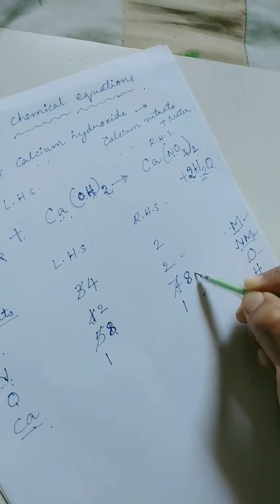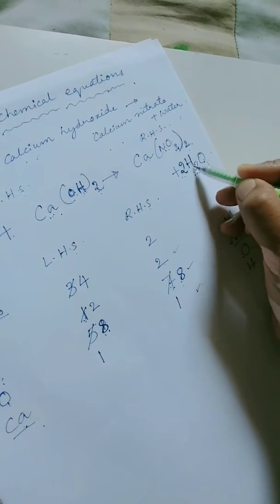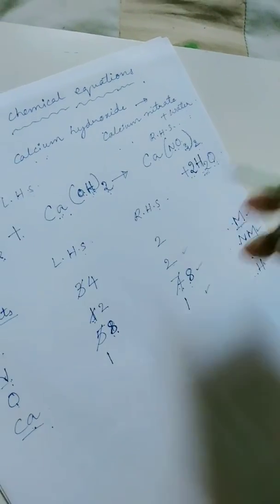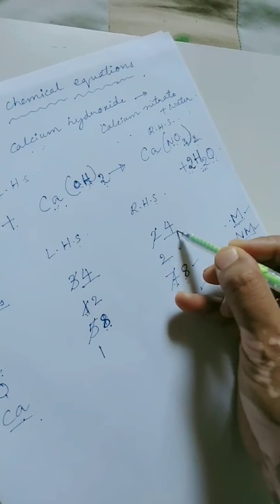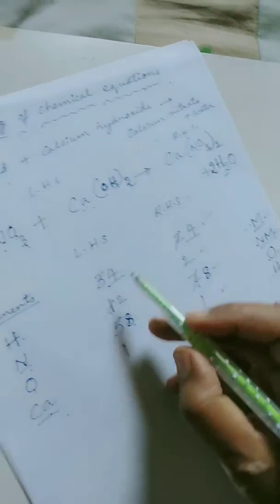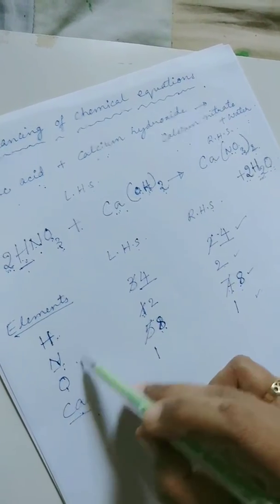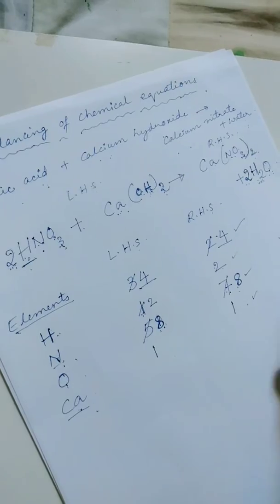So we have balanced oxygen here, and then there's hydrogen also which needs to be checked. 2 into 2, 4 atoms of hydrogen. Did you see? Hydrogens got balanced automatically. Now can you see? The number of atoms of hydrogen are balanced. Nitrogen balanced, oxygen balanced, and calcium also balanced.